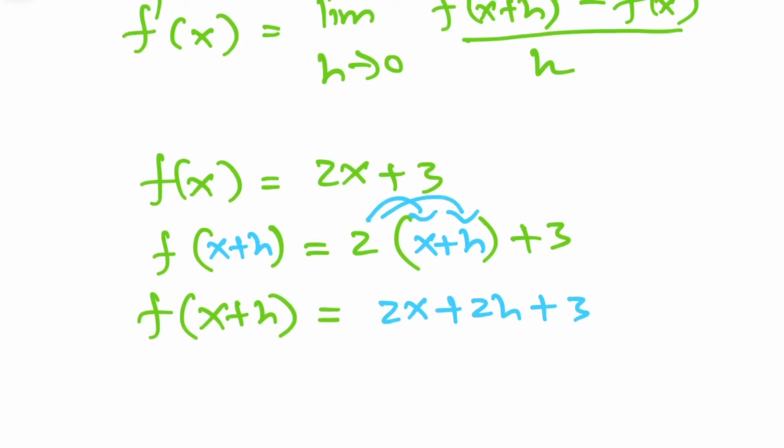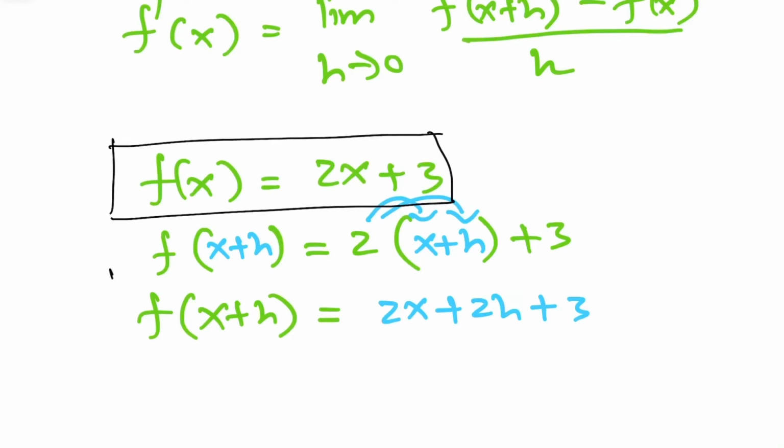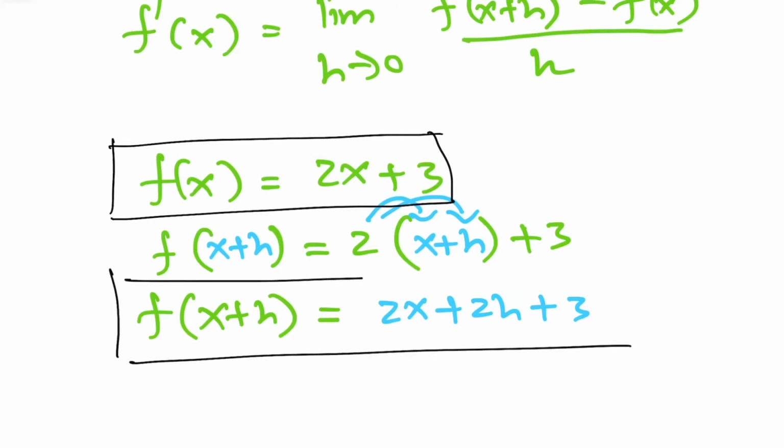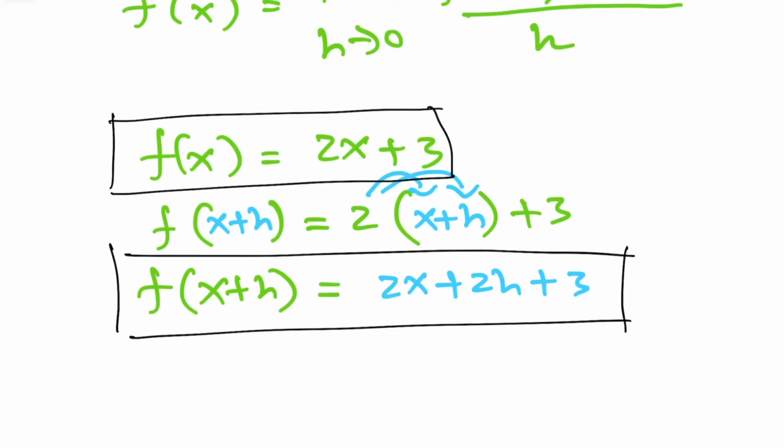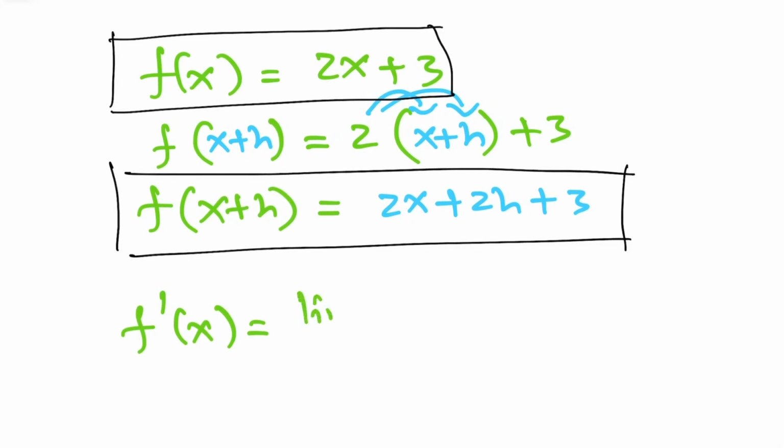Okay, all right, so we are almost done. So we have the value of f of x. We also have the value of f of x plus h. Now we are just going to plug it in. So the derivative f prime of x equal to limit h approaches 0.